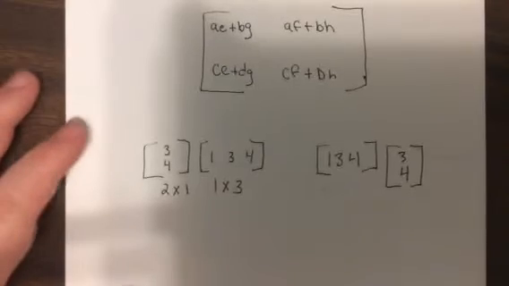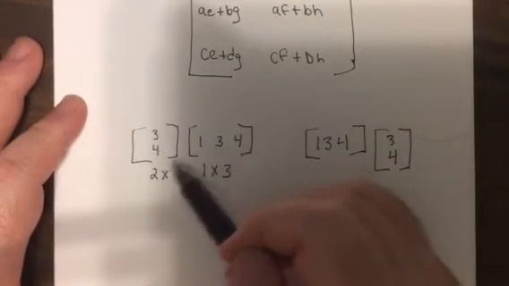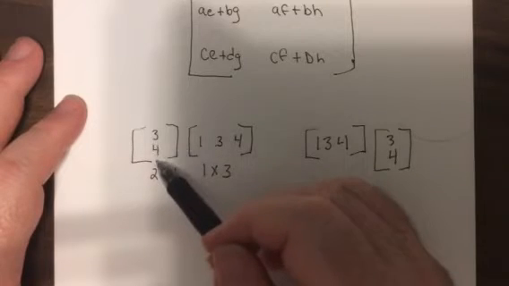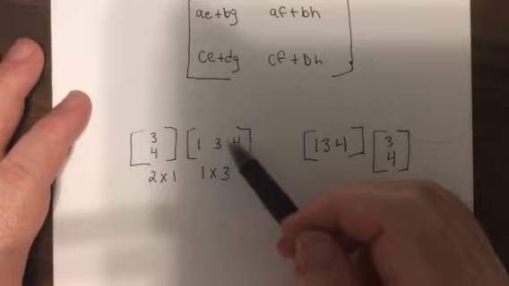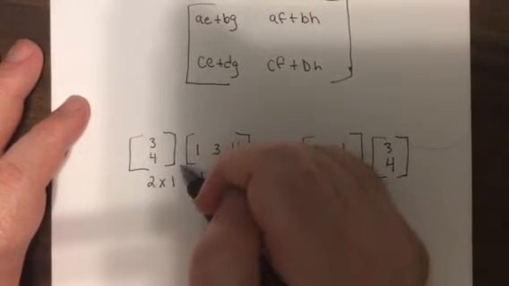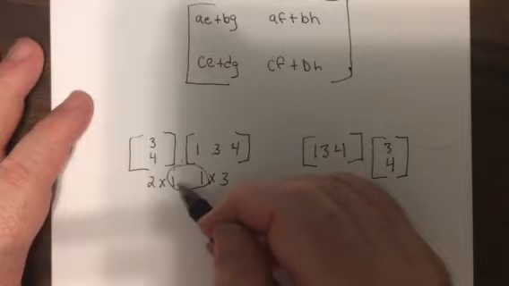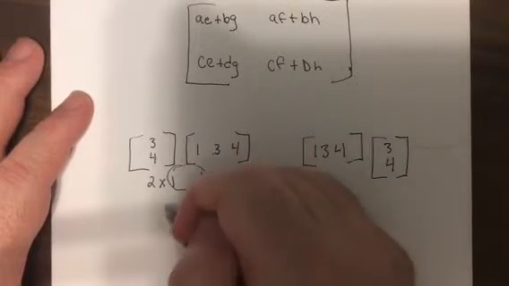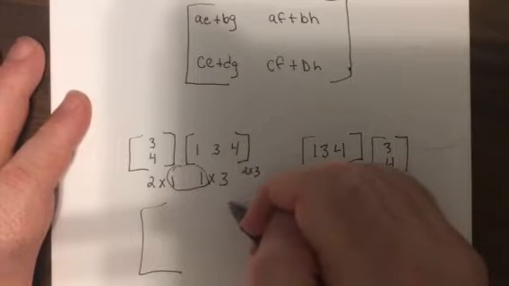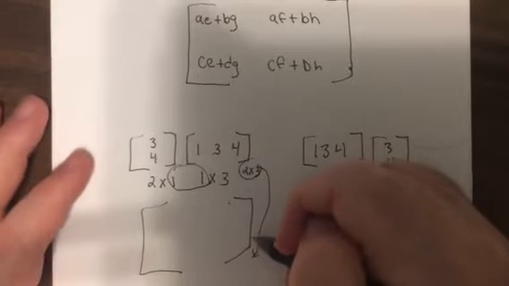So let's see. Could I multiply this matrix to this? Well, this is a 2 by 1 times a 1 by 3. Well, notice the insides are the same. So if I did multiply, this would be a 2 by 3, would be the new one. Actually, I should have put this down here, but okay.